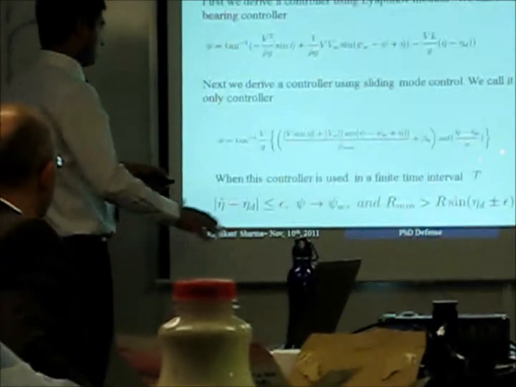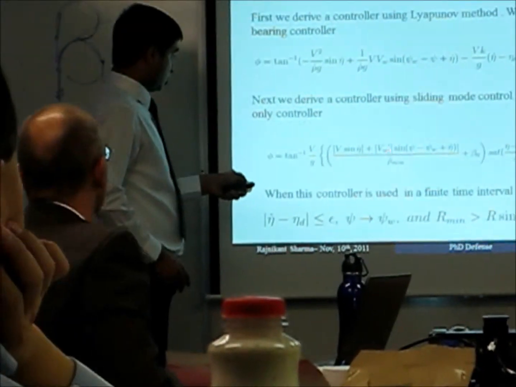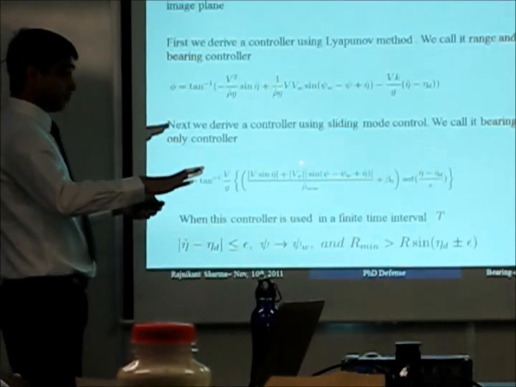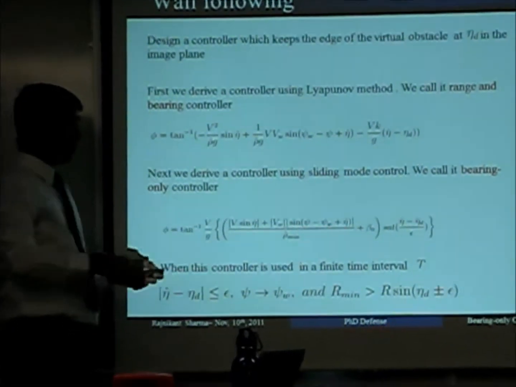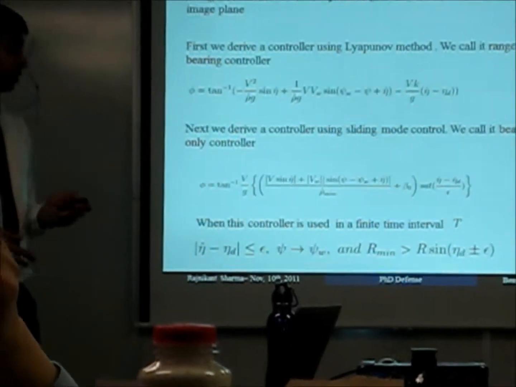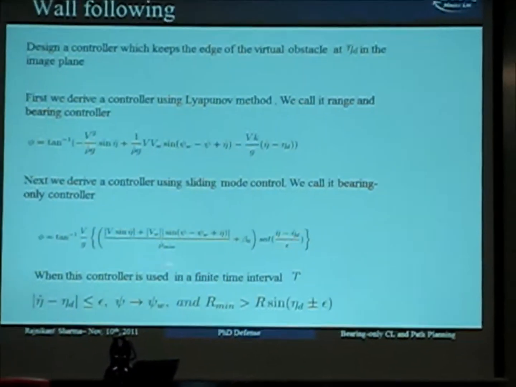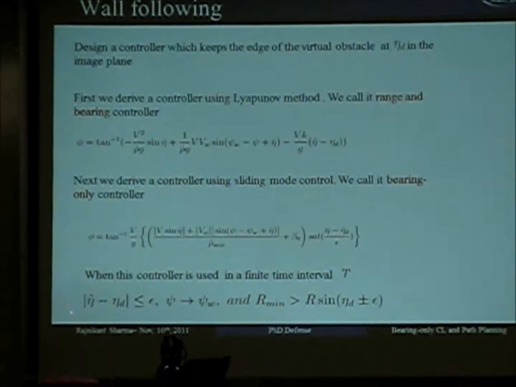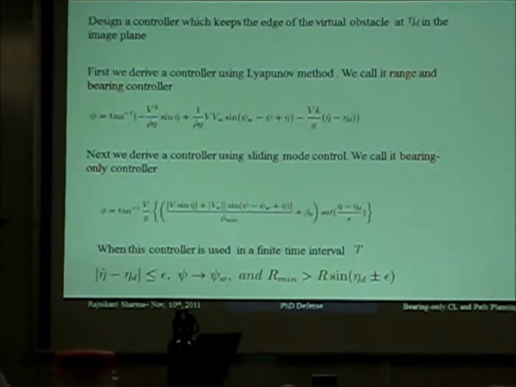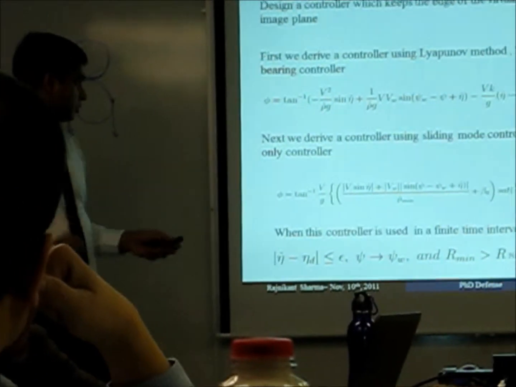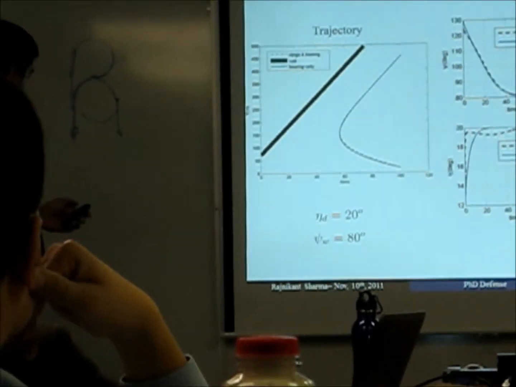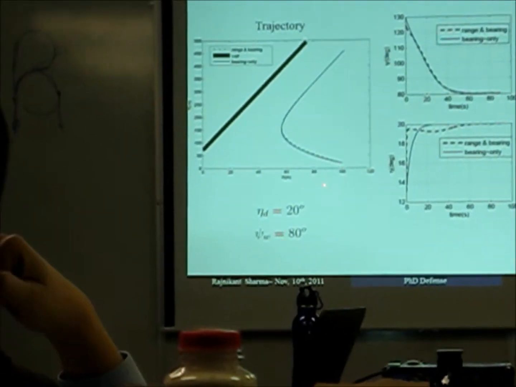The thing I want to point out is that if VW is 0, meaning the obstacle is stationary, this formula converts to the cylindrical obstacle formula. This guarantees that this will remain bounded and the heading of the vehicle will converge parallel to the wall. We can see this in the simulation result here.